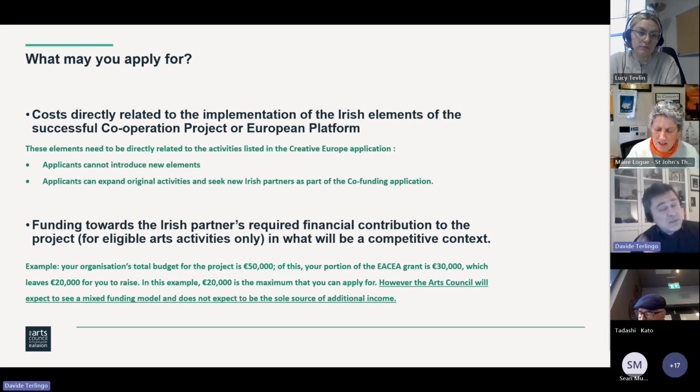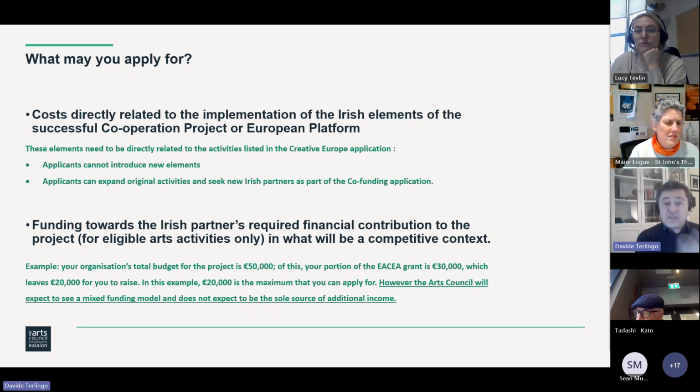Even if it includes the same partners, you cannot apply for, say, a co-production with the partner. It must be for the same activities listed in your original application. However, you can expand on the original activities, take this activity and expand it, and seek new partners in Ireland.